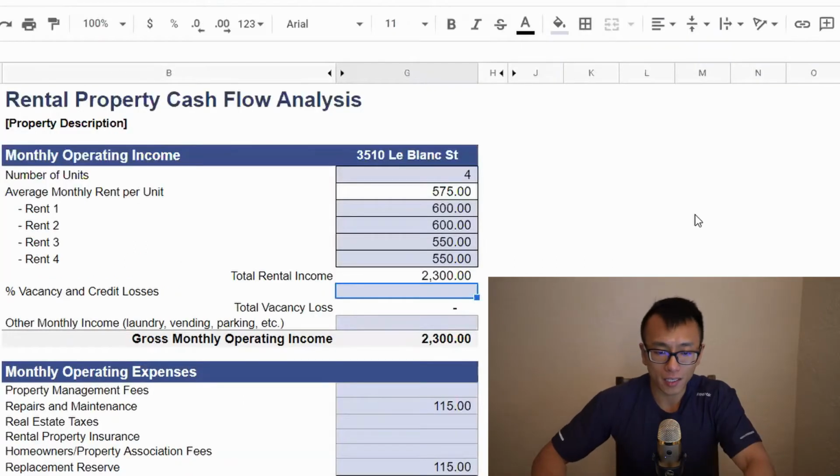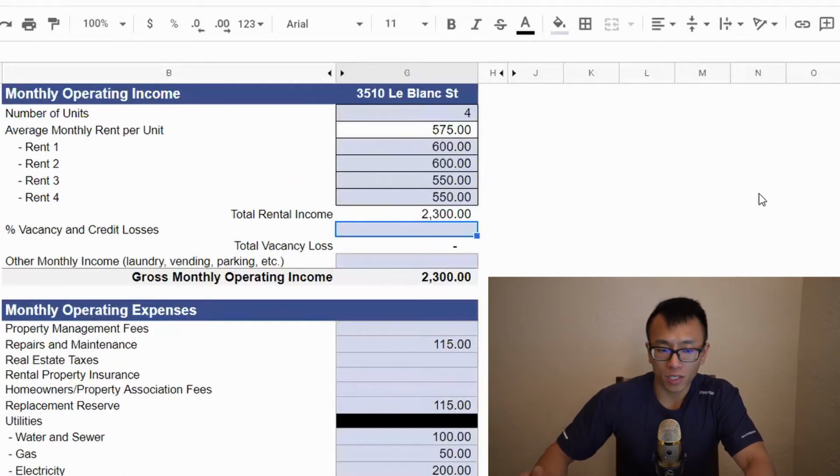With that being said, let's keep going forward and go into the percentage of vacancy credit losses. Based on a lot of data throughout the history of rental properties, there's basically a range of 5 to 15% per year for vacancy.